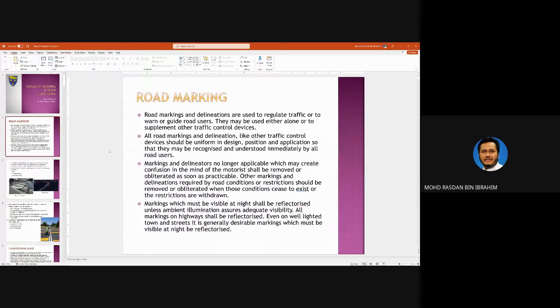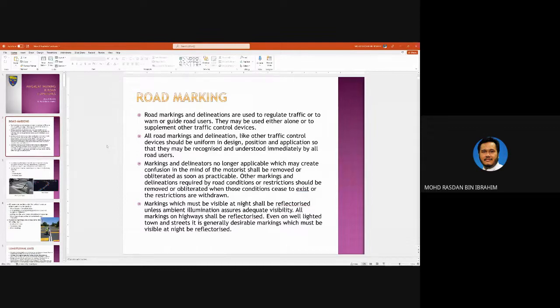Normally, all road markings should be reflectorized, meaning that the material you use to paint the markings must have some illumination qualities. For highways, all road markings must be reflectorized. Even in a well-lighted town, it is generally desirable that markings should be visible at night. So in simple terms, all markings should be reflectorized.